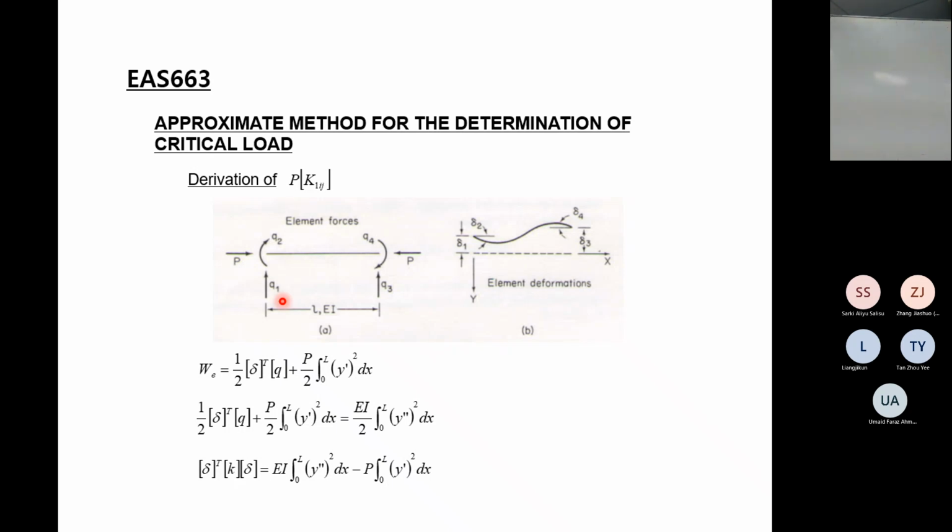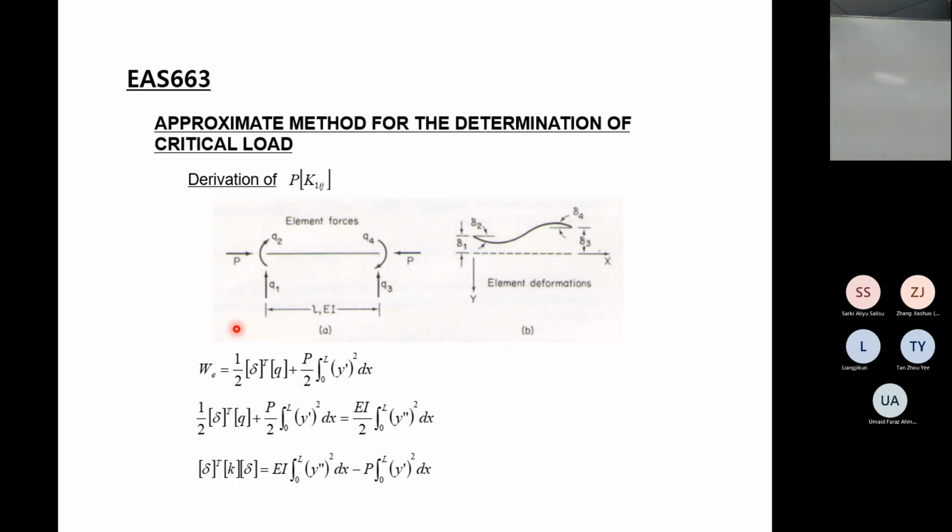W subscript E means the work done by the element end forces Q1, Q2, Q3, and Q4, and the work done by this constant axial force P. Here we are using the vector delta, which includes delta 1, delta 2, delta 3, delta 4, all of them inside here. This is transposed, and the second one, vector Q, represents Q1, Q2, Q3, Q4.